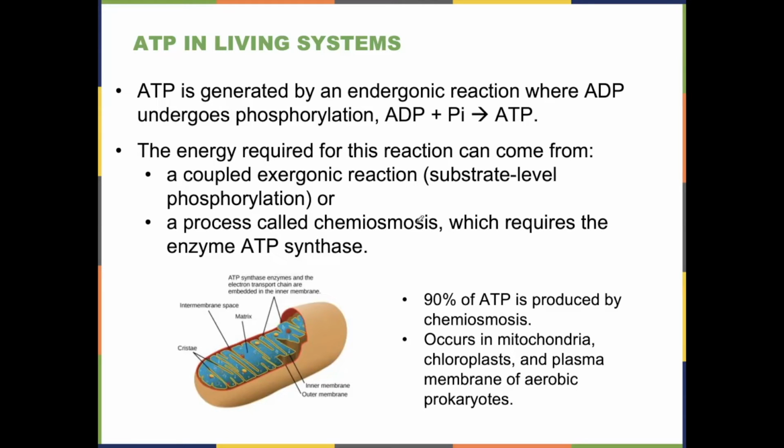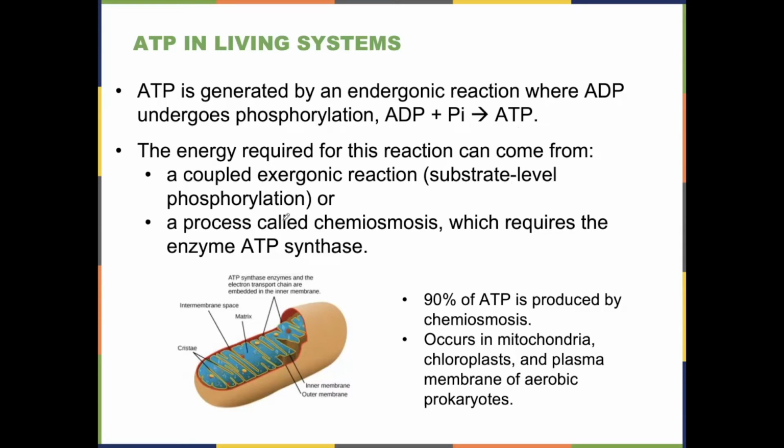As we'll see in these processes, there are two main ways that this can happen in the cell. The first is to couple this reaction with an exergonic reaction that releases energy. This is what is called substrate level phosphorylation, where there is, say, an enzyme in one of the pathways that catalyzes an exergonic reaction that can just put ATP back together.